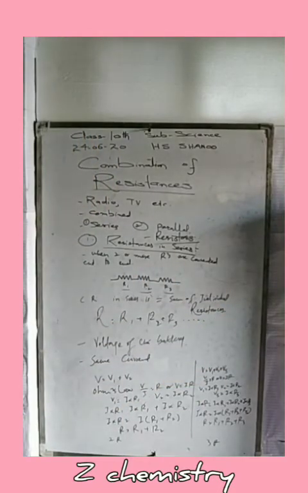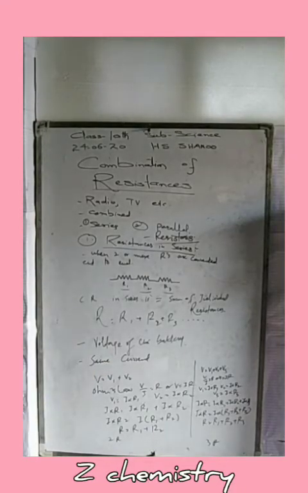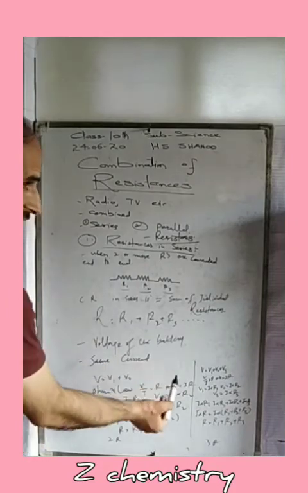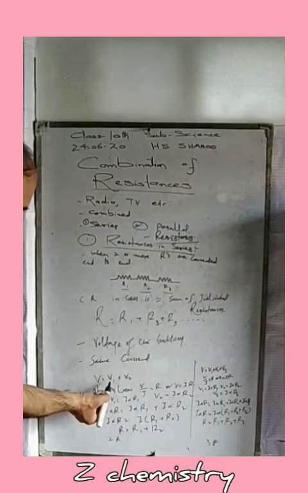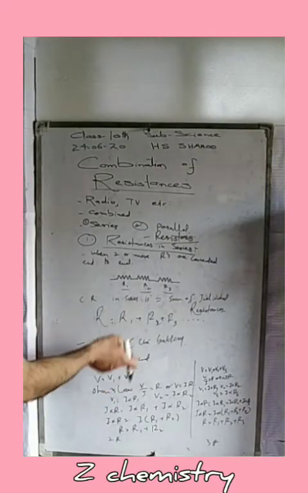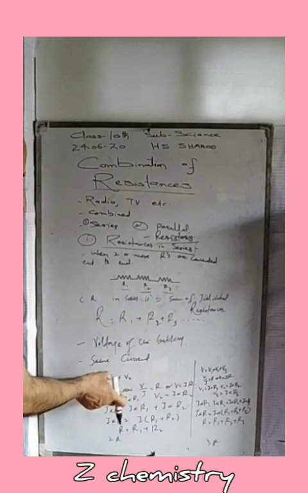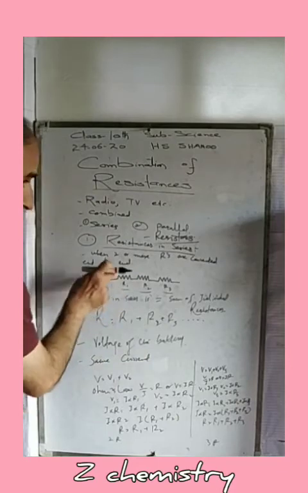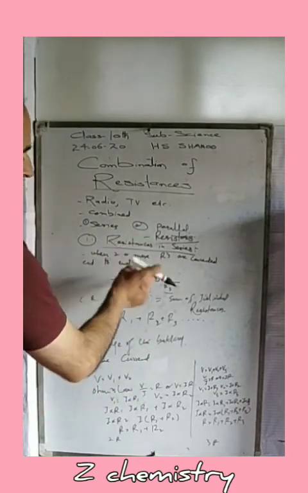And the amount of current flowing through this circuit is the same. Hence, V is equal to V1 plus V2, where V1 is the potential difference of the first resistor and V2 is the potential difference of the second resistor.